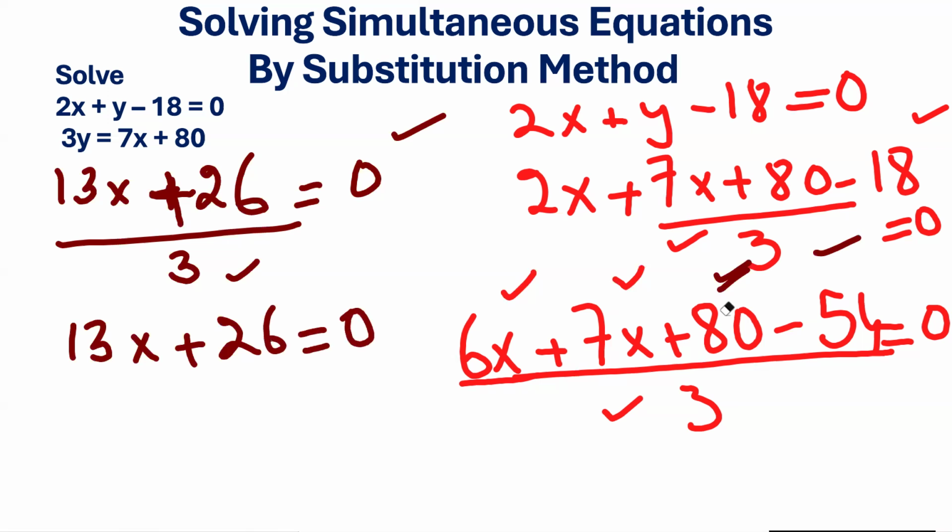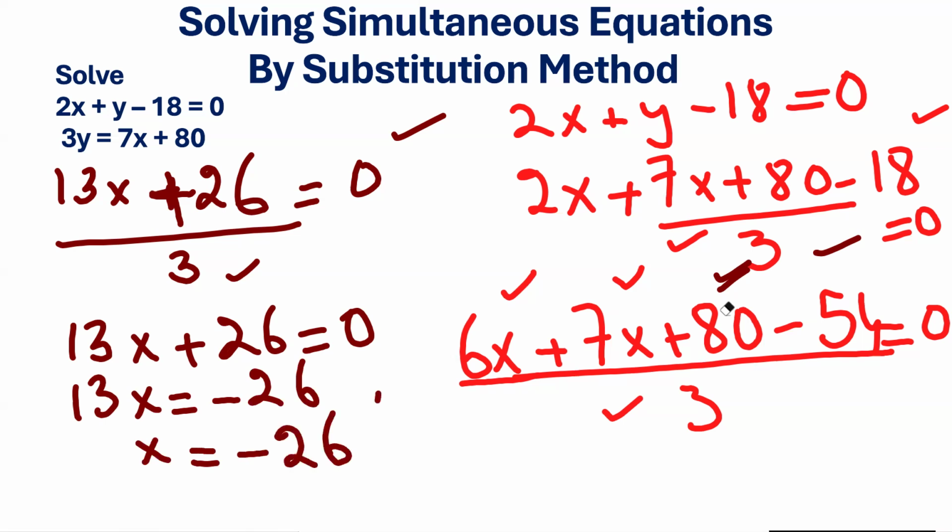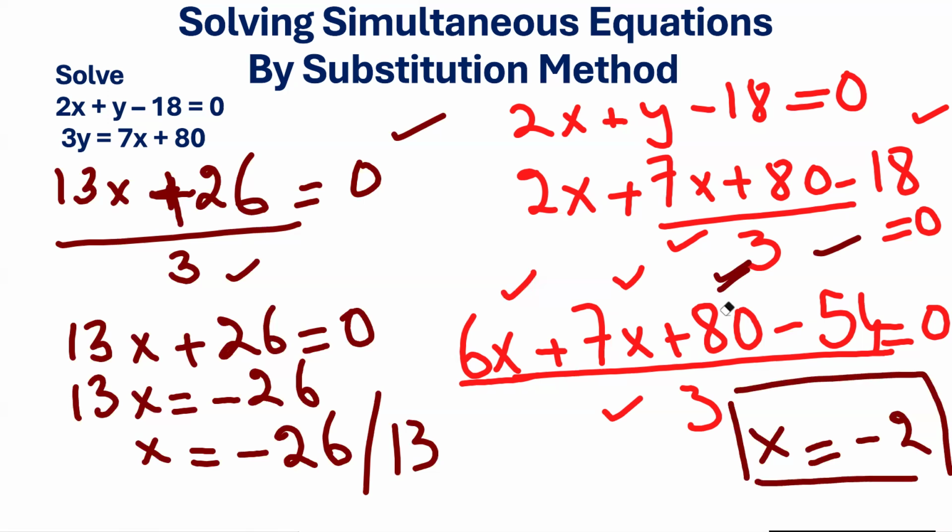You can find the value of x. 13x is equal to minus 26. X is equal to minus 26 divided by 13. So x is equal to minus 2. This is the value of x. X is equal to minus 2.